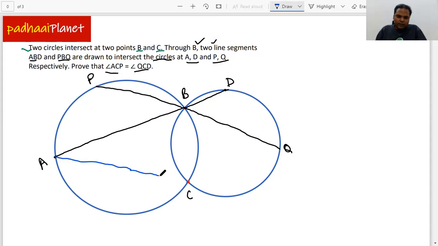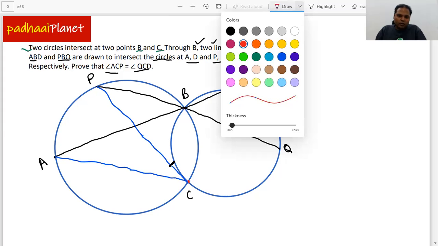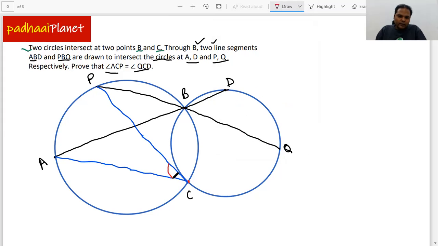So I'm connecting A with C, and now I'm connecting P with C. So this is one angle which the question is talking about, and that is angle ACP.